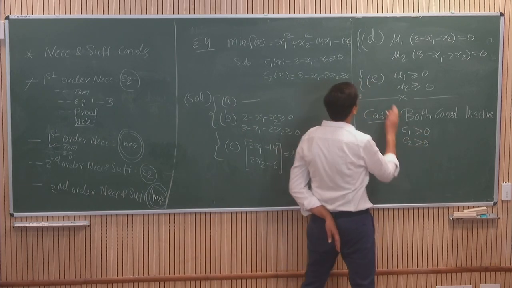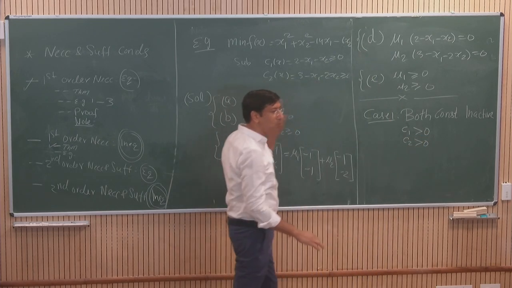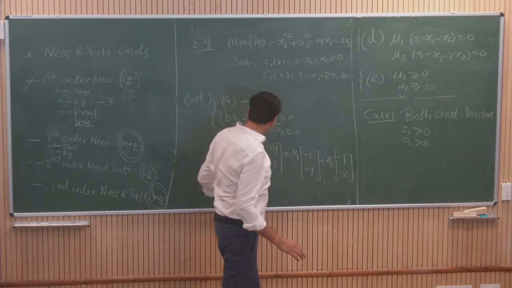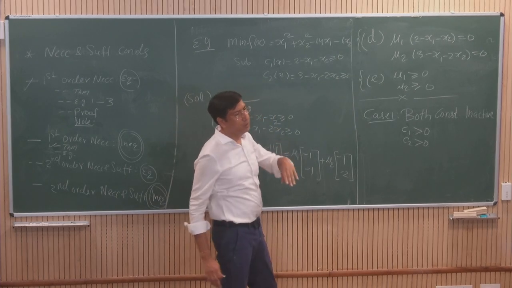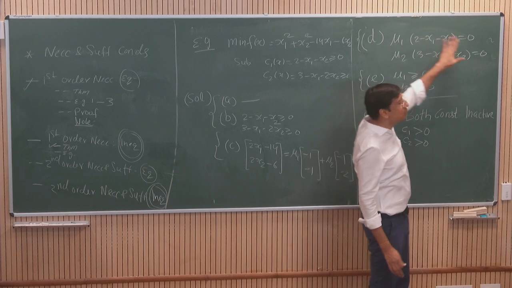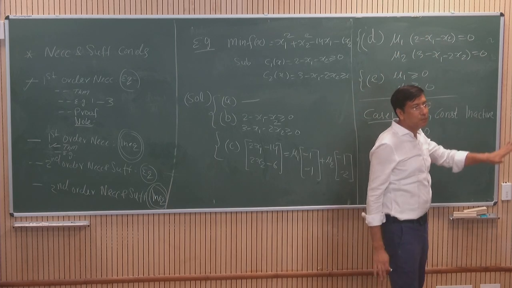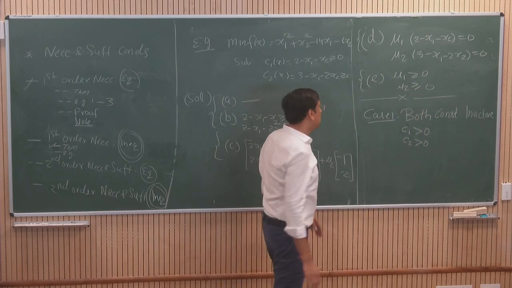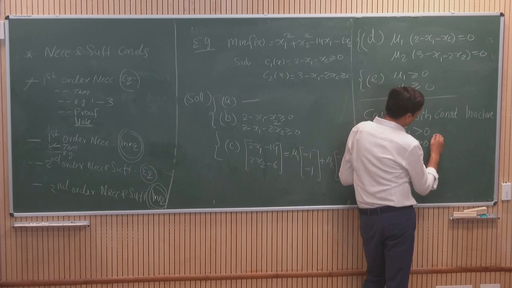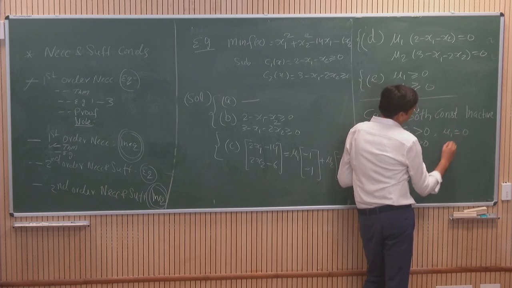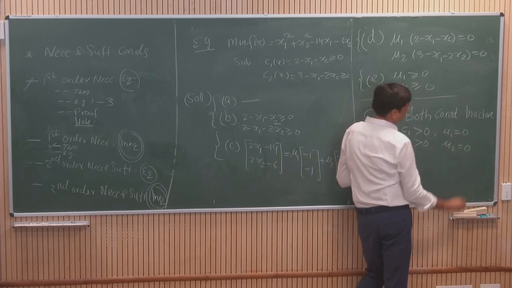Now the very first thing to start off with is D and then go backwards. Check D, E, C, A, B. Check all of them in that order. Why do we start with this one? Because it brings the most simplification to your set of equations. If c1 and c2 are greater than 0, you will get mu1 is 0, mu2 is equal to 0.